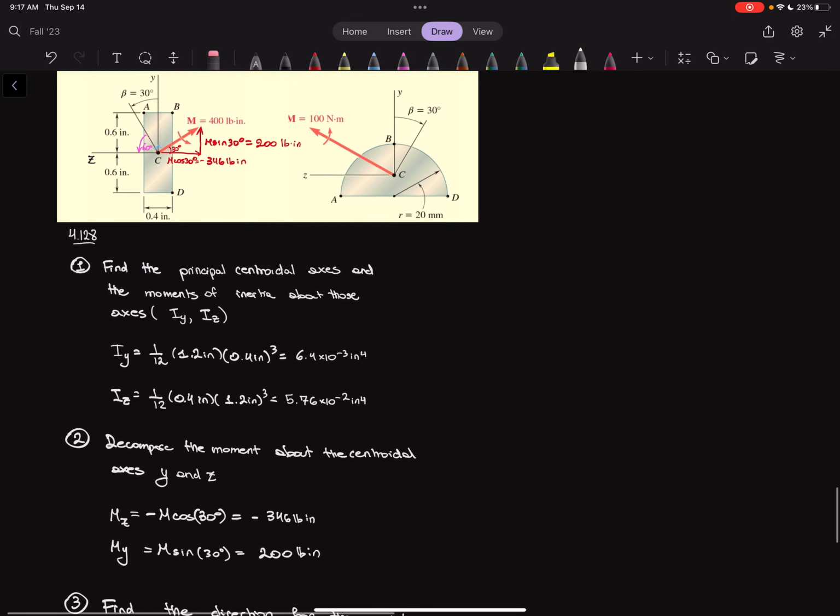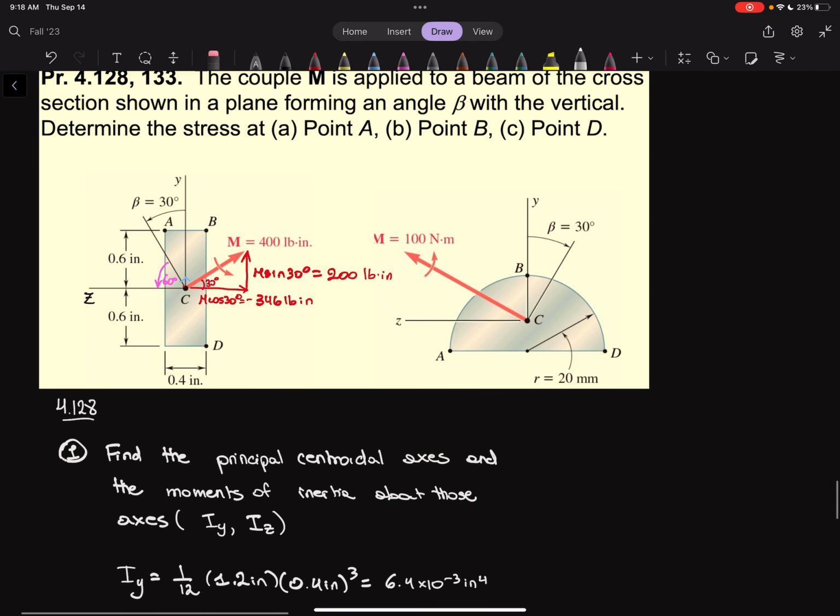And I like to reason through if something makes sense or not. So if I have a negative moment about the z-axis, I'm going to have tension at the top.